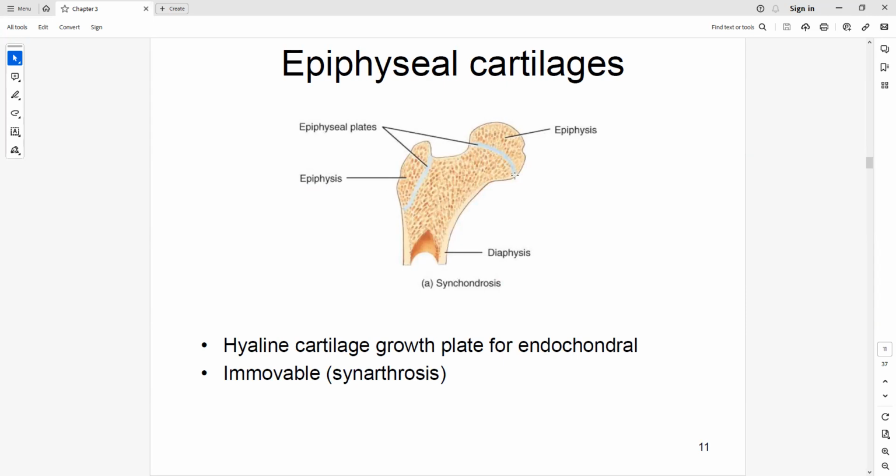So that zone of hypertrophic cartilage is found inside here, and the chondrocyte cell division keeps adding length to the shaft. Because here we have two aspects of the bone joined together by cartilage, this is why epiphyseal cartilage growth plates classify as joints. Because we have hyaline cartilage, this is why we call this cartilaginous.